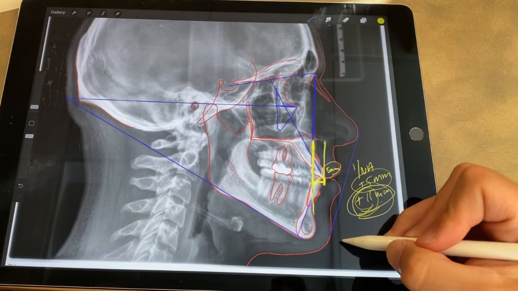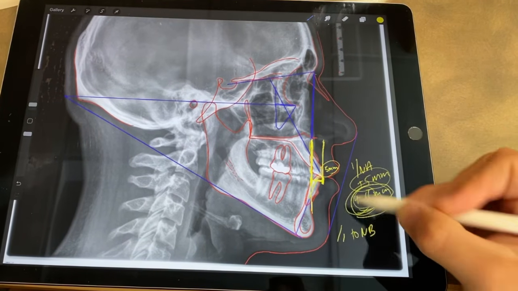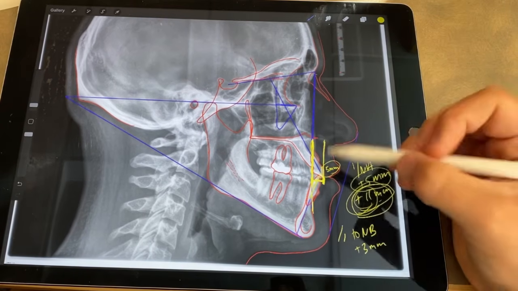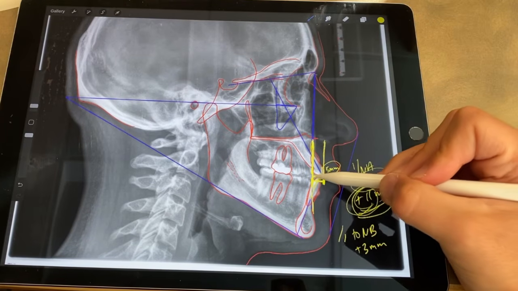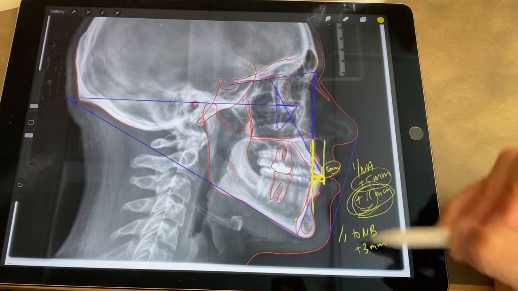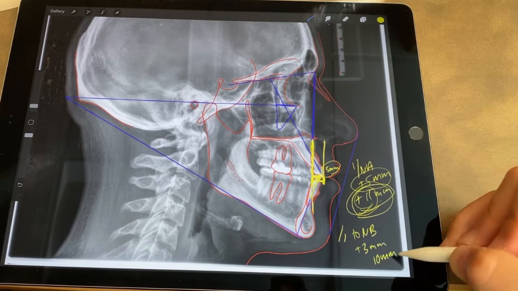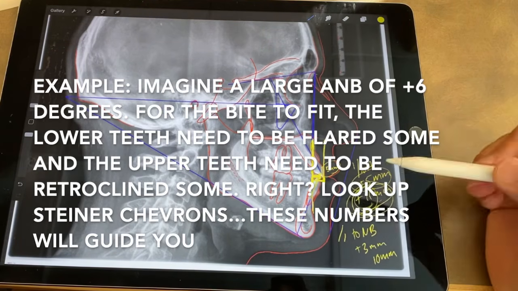So we have the lower 1 to NB. For me, might be like 3 millimeters. So my lower incisor is about 3 millimeters beyond that line, which again is normal. And if that were a very large number, like 10 millimeters, I might start thinking this patient needs extractions in order to bring that back.